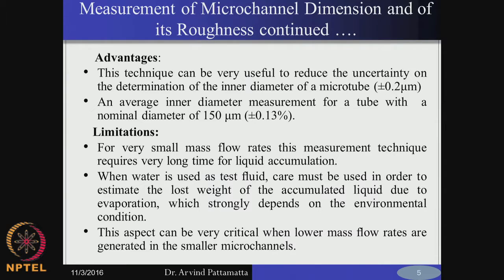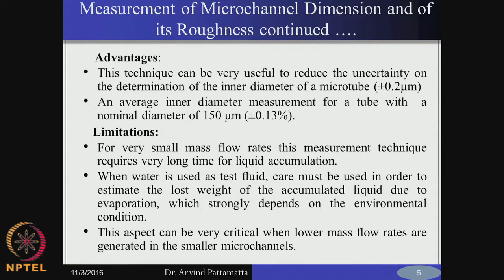So, the pressure drop is resolved fairly accurately without any big problem. And you also know Poiseuille's law is very accurate. Therefore, the accuracy of this method is usually much better than simply weighing it. So, the technique can be useful to reduce the uncertainty in the determination of the inner diameter to the order of plus or minus 0.2 microns.